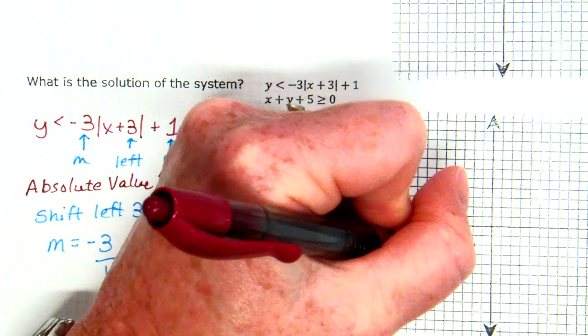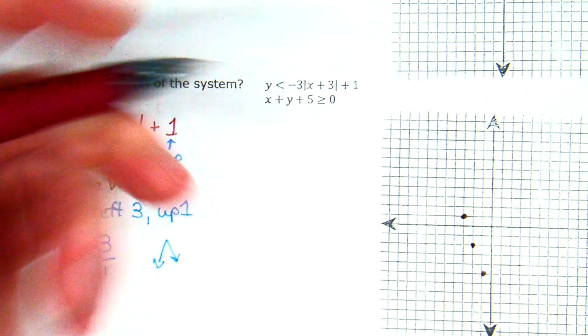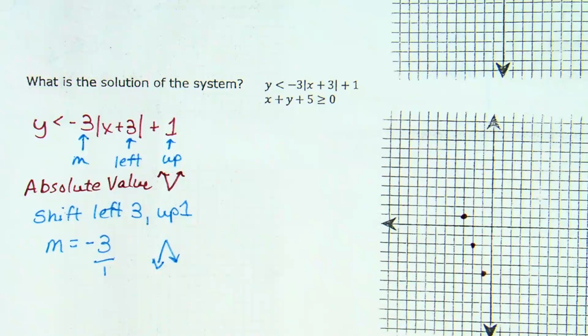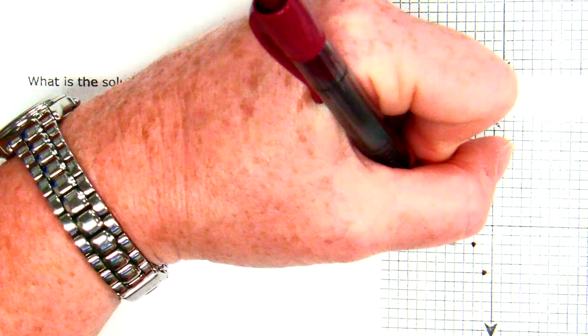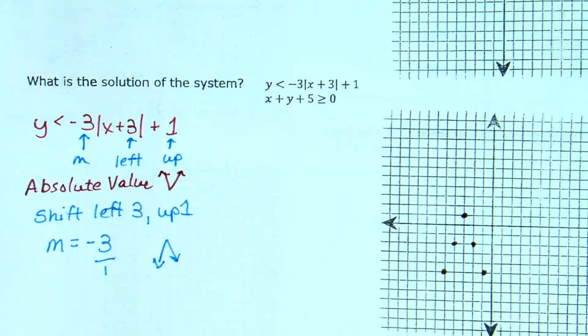Down 3, right 1. That is your right branch. To get the left branch, you kind of reverse it. It's down 3, left 1. Or you just kind of reflect it over. So there's what your V looks like. Upside down and kind of skinny.